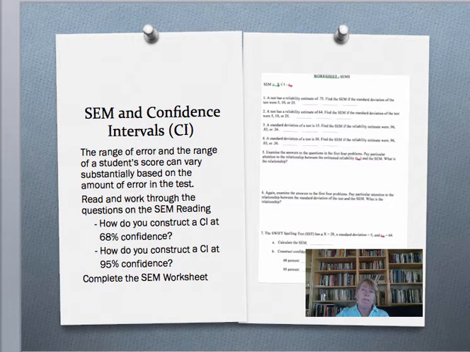Let's say that your score on the test was 90, and again we'll work with the SEM of 5. So to be 68% confident, the range around that score of 90 would be 85 to 95.